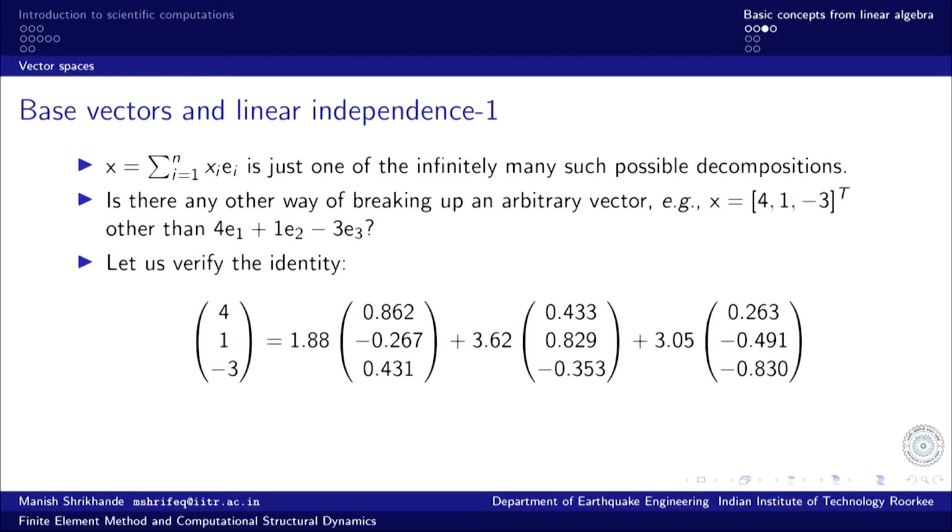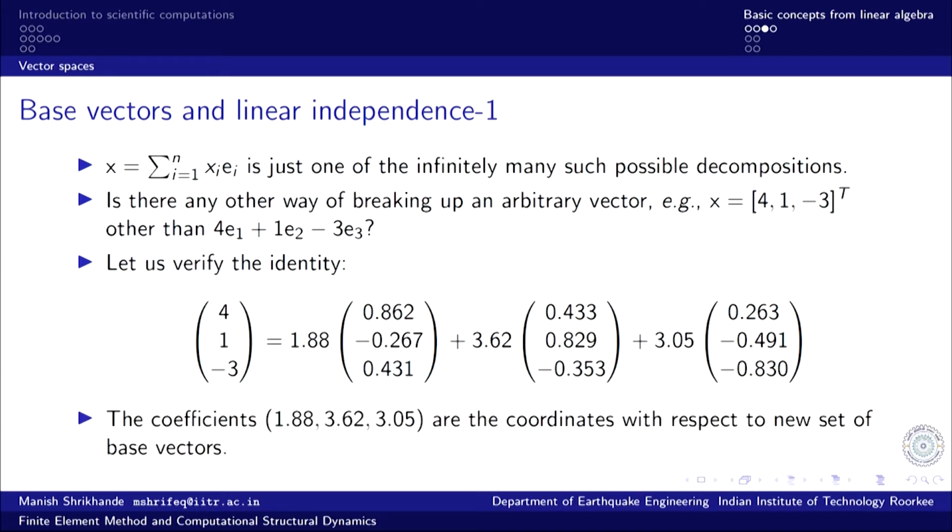So, that is also a basis in this 3-dimensional space, and these numbers are the coordinates, and I can write this as a linear transformation. So, the coefficients 1.88, 3.62 and 3.05 are the coordinates with respect to the new set of base vectors. So, I just effected a transformation.